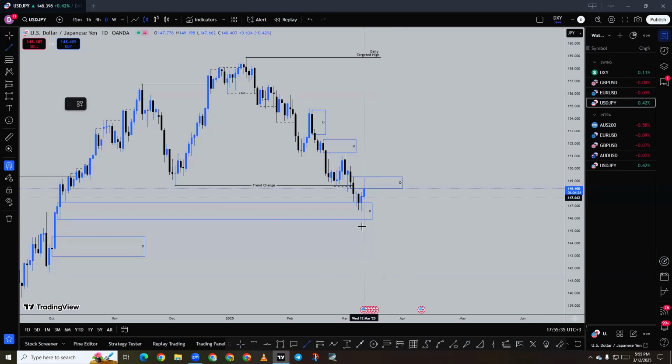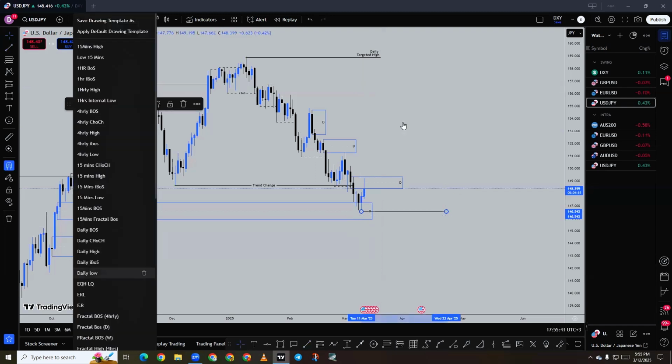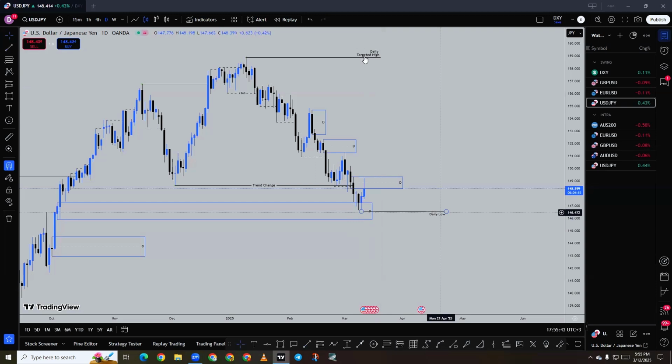Probably the one thing I should do is indicate that that is the daily targeted low, and this is the daily protected high. So all we're waiting for is that reversal into the 50%. I like to trade up to the 50%, which is that demand supply order block.